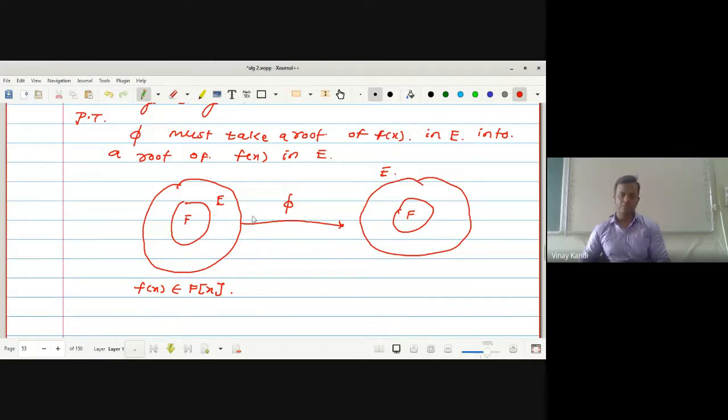Automorphism means the domain and codomain are the same. Okay, now we have to prove that phi must take the root of f of x in E into a root of f of x in E.